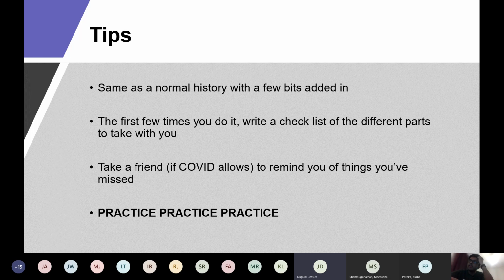Might be worth mentioning where it's good to clerk patients in terms of hospital places. So I did my placement at the Royal Free, and I would clerk people there. There is the gynae early assessment unit.